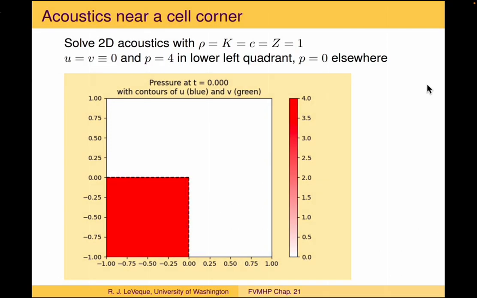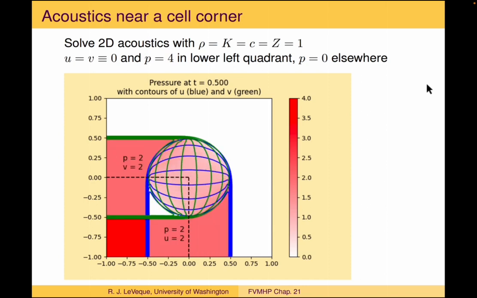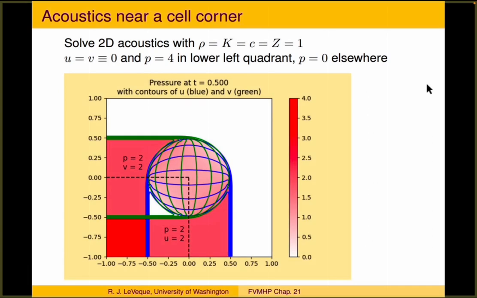But what we're doing with those triangular waves is not really the correct thing, so I just wanted to show you what it would look like more correctly for this very simple case. So this is how the solution actually evolves here. And here the color represents the pressure, so we see this region in between the waves where the pressure is 2, and either u is 2 or v is 2 in between the waves in the two different directions.